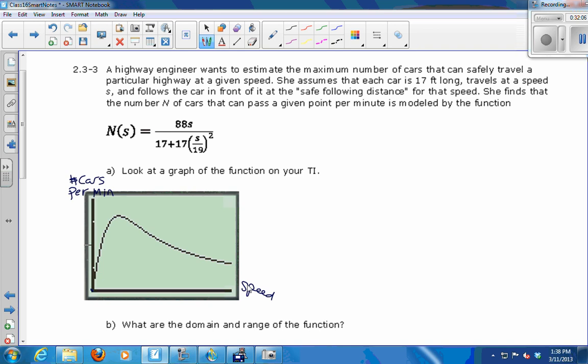As cars go faster, they're going to pass you faster. Okay, but then we reach a maximum value here. And then as we pass this critical speed, whatever this speed is, I'm putting S sub C for critical speed, the number of cars that pass us starts to slow down. Fewer cars go by every minute. Why is that?